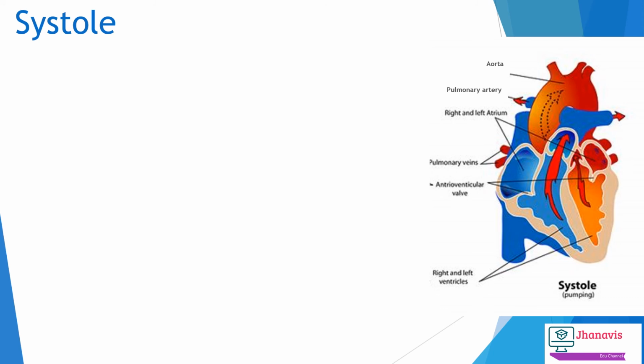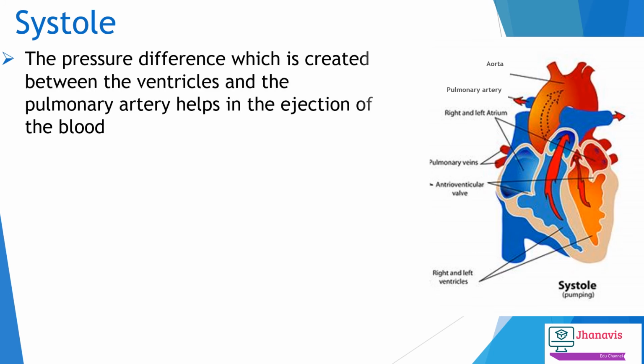Now there is again a pressure gradient created between the right ventricle and the pulmonary artery, and the blood will flow from the region of its higher concentration to the region of its lower concentration.